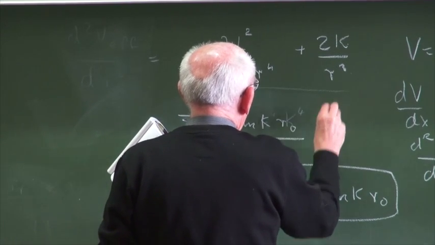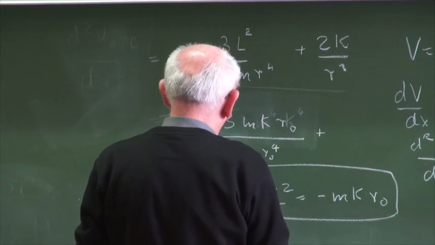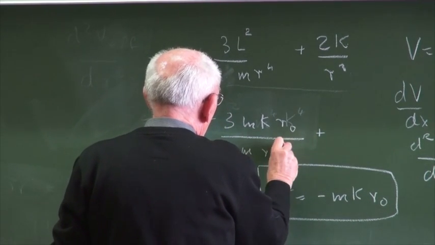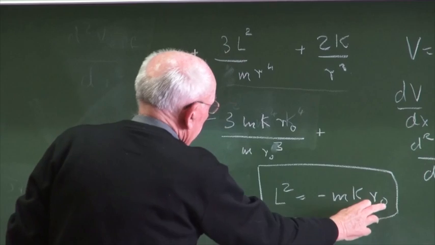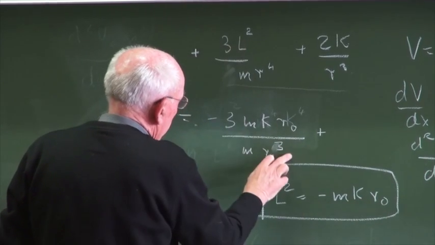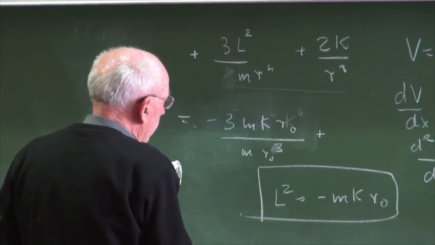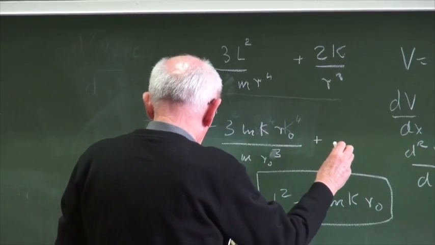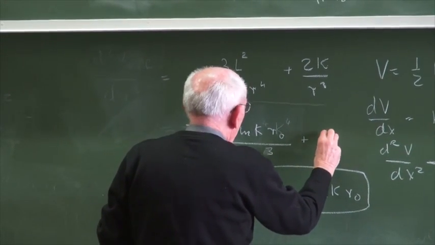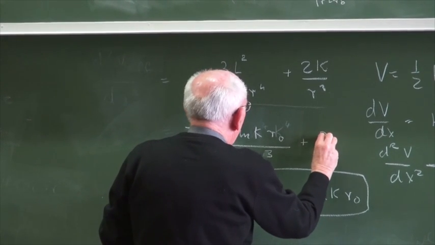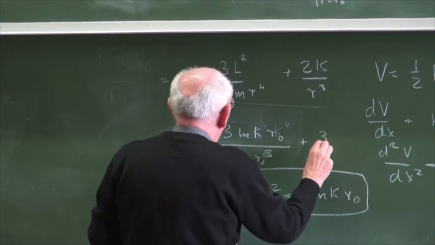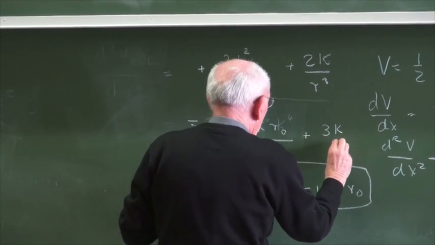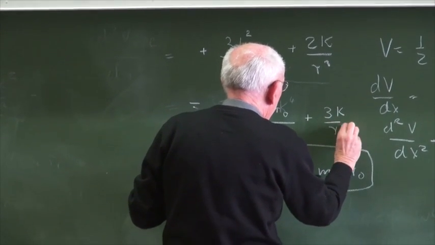And there I have, no, R0 to the third, because there's an R0 coming up there, and so it's R0 to the third. And I put in here 3 R2k over R0 to the third.